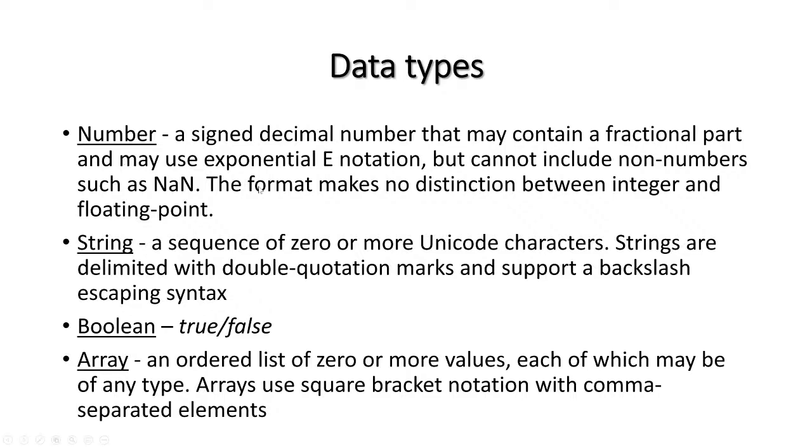The Boolean type is simply true or false, and then the array, which is a very important type for JSON. We can have a list, which is also considered an array. It's an ordered list of zero or more values, each of which may be of any type. Arrays use square bracket notation with comma-separated elements.